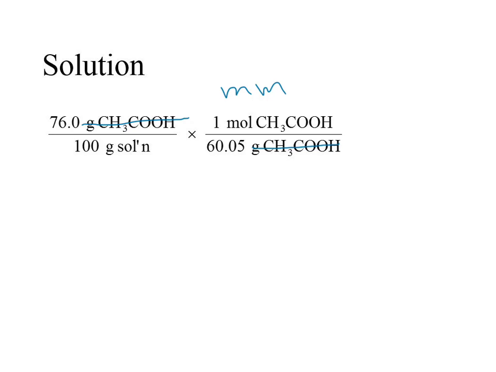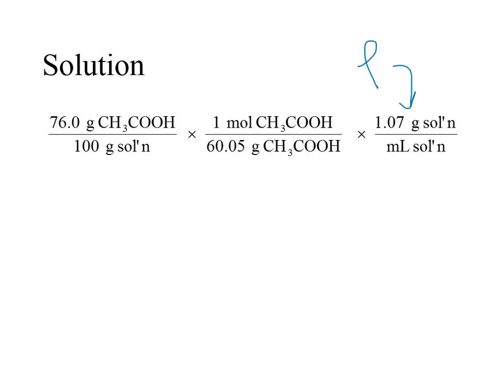So now we go with density. So that third term there is density. Now grams of solution cancel, and we're left with moles of acetic acid per milliliter of solution.